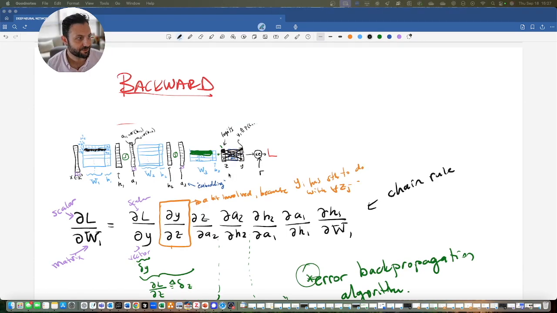So our next goal is to calculate the derivative that comes to A2, such that I can find the derivative that goes to H2, and therefore find the direction of steepest descent for W2 and B2.